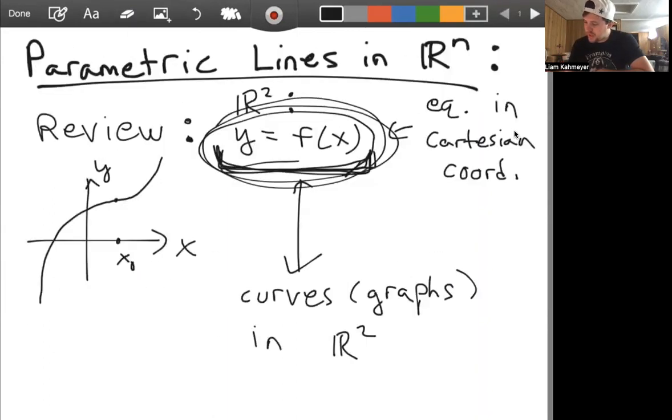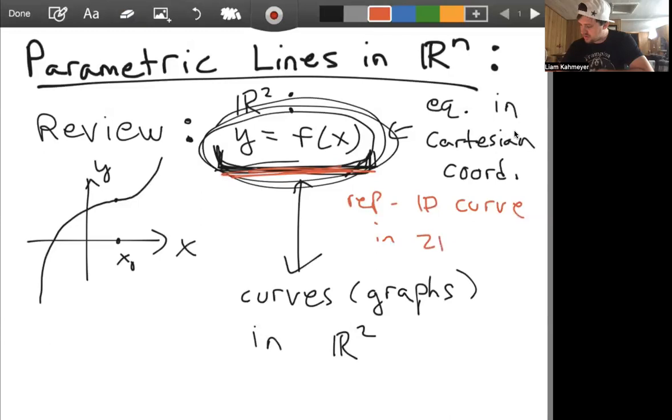So here we had a one-dimensional curve in two-dimensional space.